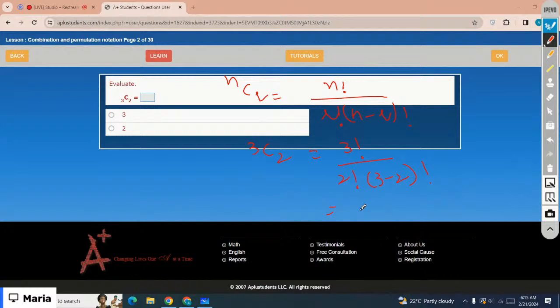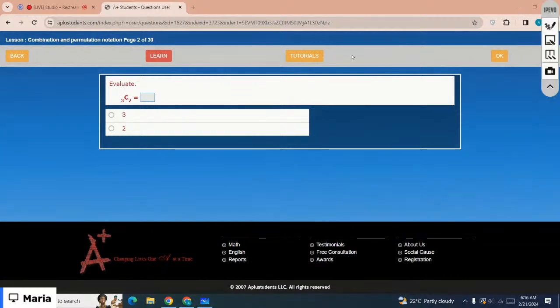You can write this 3 factorial as 3 times 2 factorial divided by 2 factorial, and 3 minus 2 is 1 factorial. 2 factorial cancel out, and 1 factorial is 1, so that is 3. Correct option is 3. So 3C2 is 3. Got it? C is for combinations and P is for the permutations, right?